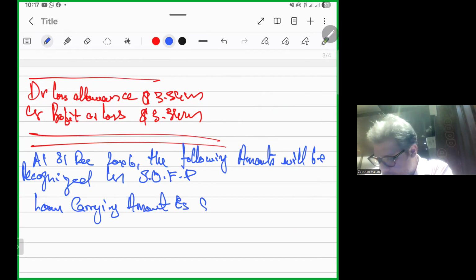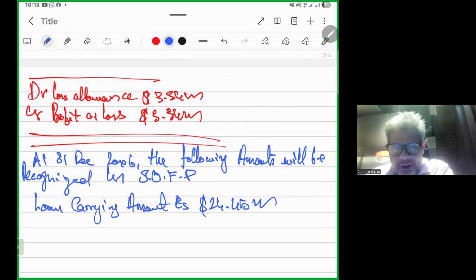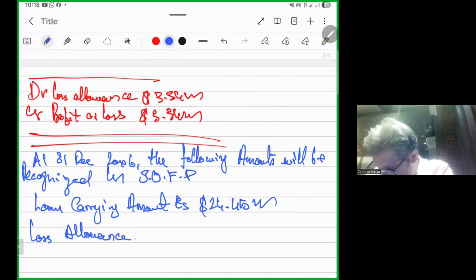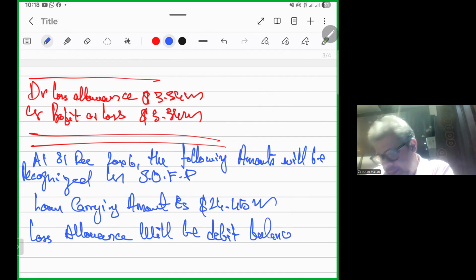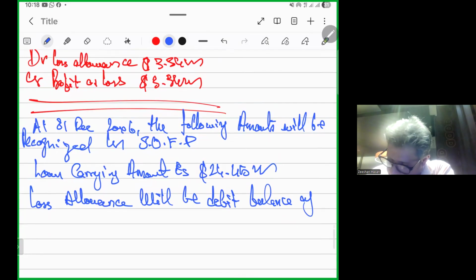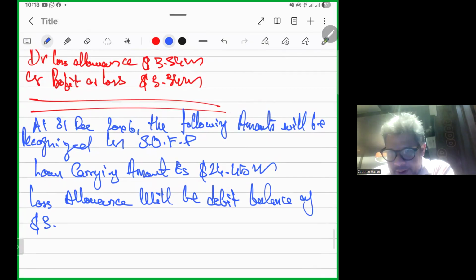The loss allowance will be a debit balance of $3.34 million.